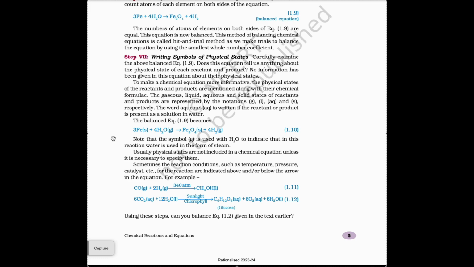For example, CO(g) + 2H2(g) at atmospheric pressure 340 converts to CH3OH(l). 6CO2(aq) + 12H2O(l) in the presence of sunlight and chlorophyll converts to C6H12O6(aq) + 6O2(aq) + 6H2O(l). Using these steps, can you balance equation 1.2 given in the text earlier?